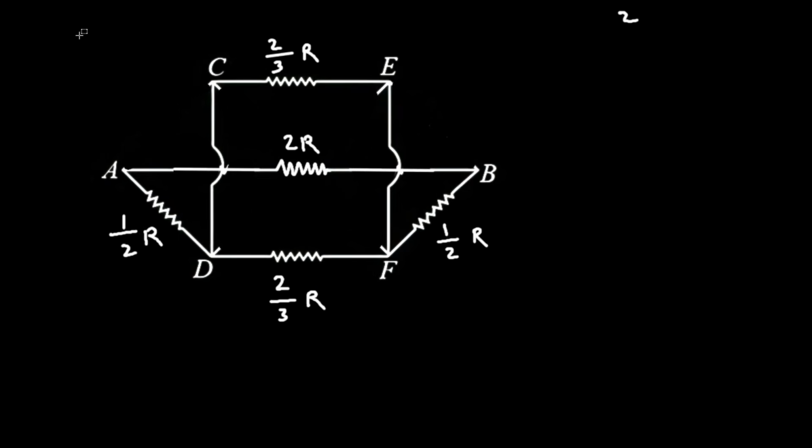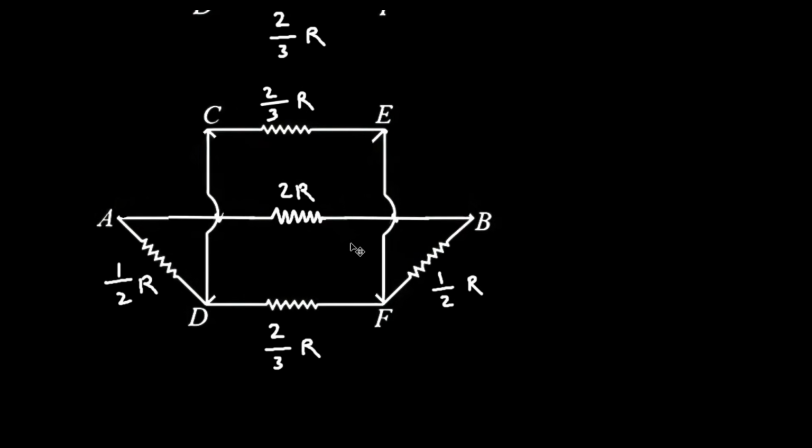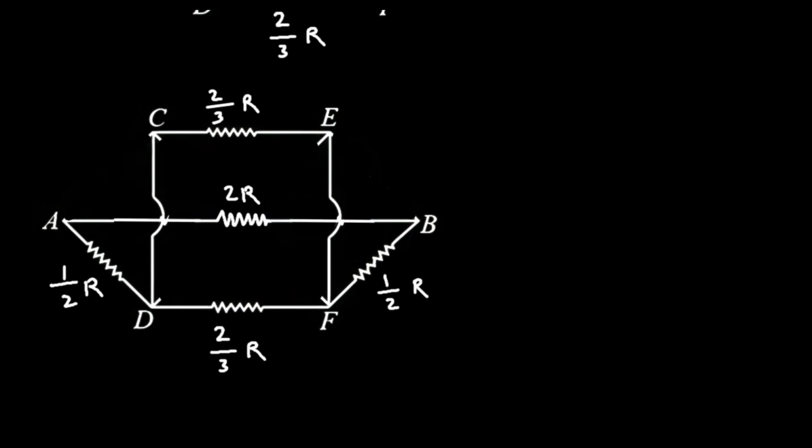Let's copy this circuit from here first. Now 2 by 3 R parallel with 2 by 3 R. It will be simply we have to take the half of it. So let's solve this step by step.